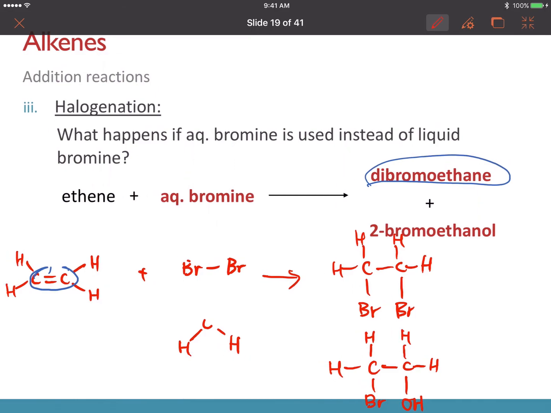Okay? So, in general, if you want it to be dibromoethane, you must use pure bromine in an inert solvent.